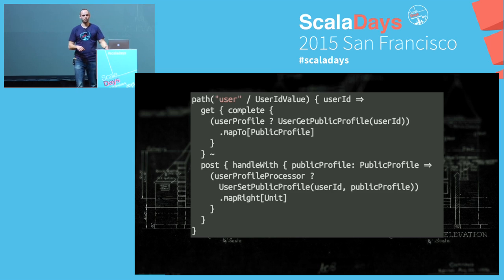If I now want to modify a public profile, well, the method has to be a post, and it will be handled with a function that extracts an instance of public profile from the HTTP body. So the application prepares a JSON request that has the body that can be turned into an instance of public profile, and then I will send the user profile processor the message user set public profile, and I'll map write unit, which is slightly odd.